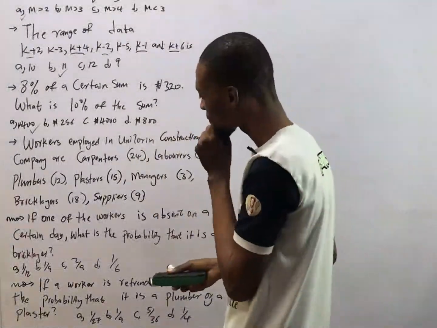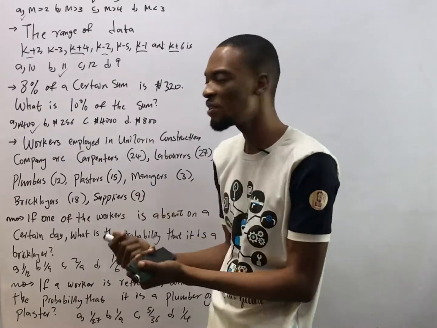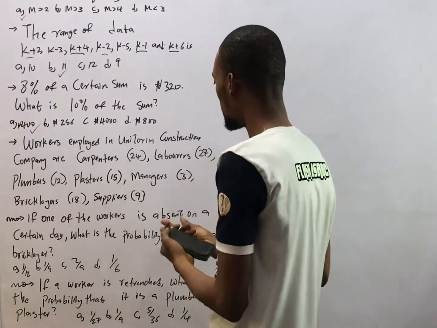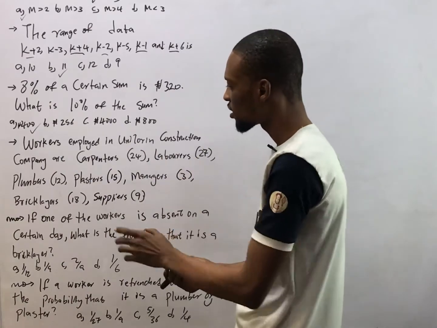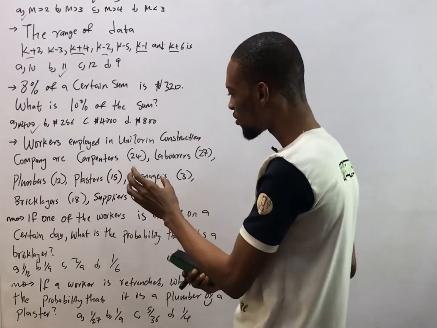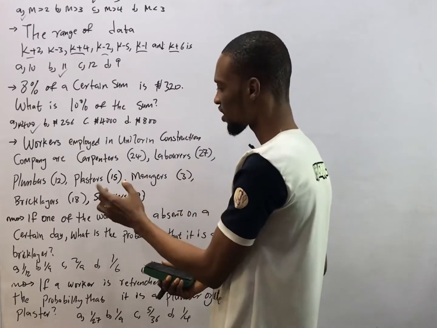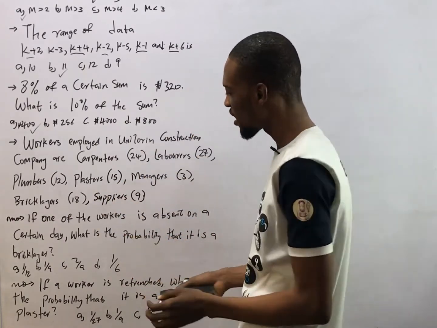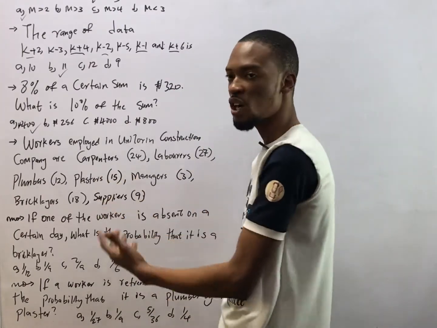Now this question says, workers employed in UNILORIN construction company are carpenters, 24 carpenters, 27 laborers, 12 plumbers, 15 plasters, 3 managers, 18 bricklayers, and 9 suppliers. This is a 2-in-1 question.